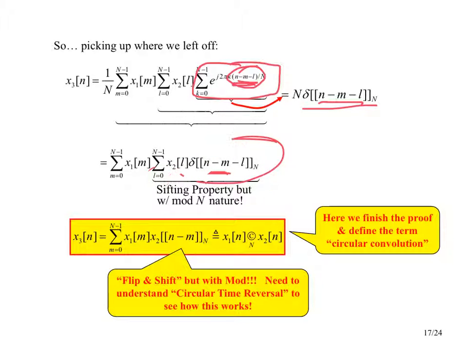So if we account for that mod nature, we can end up getting this result down here. So it's going to sift x2 at the point n minus m, but evaluated mod capital N. So that's the distinction. And if you're unclear as to why that works, just take a specific example. Take a specific capital N and think about what that sum is doing modulo N.